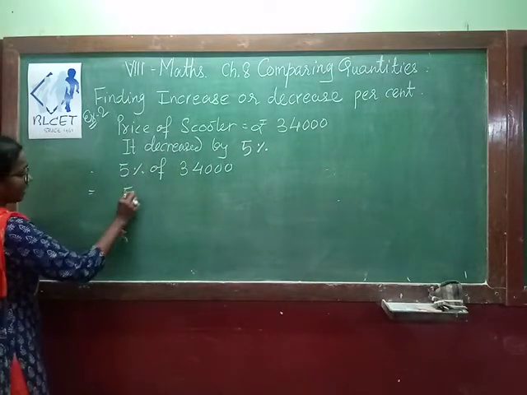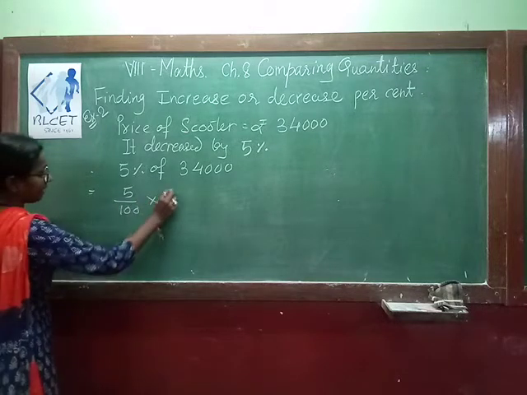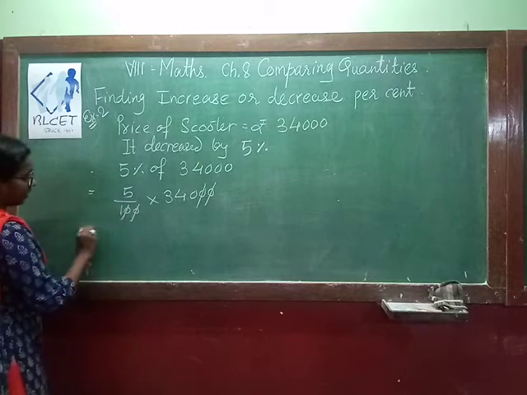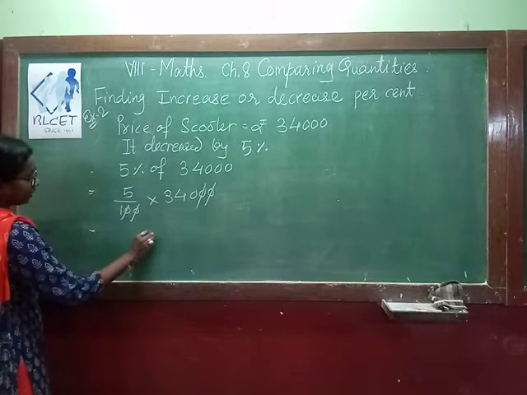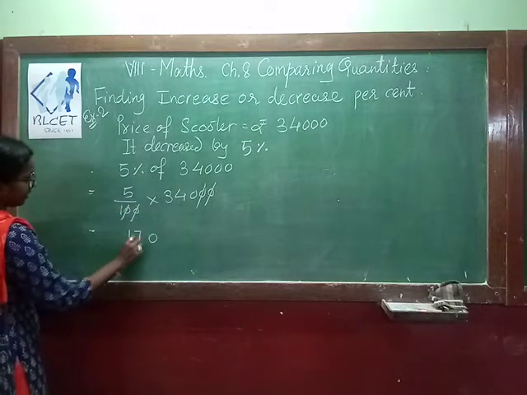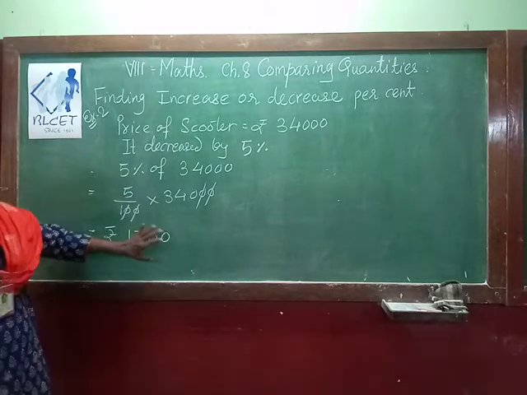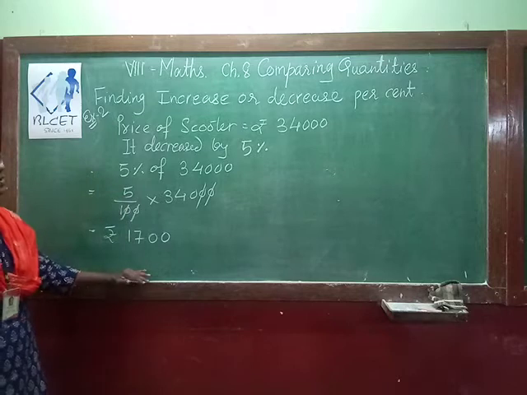Let's see. 5 divided by 100 multiplied by 34,000. The zeros will get cancelled. So what is left? 5 twenties are 100, 5 threes are 15, 5 fours are 20, so 1,700. So that much price is reduced.